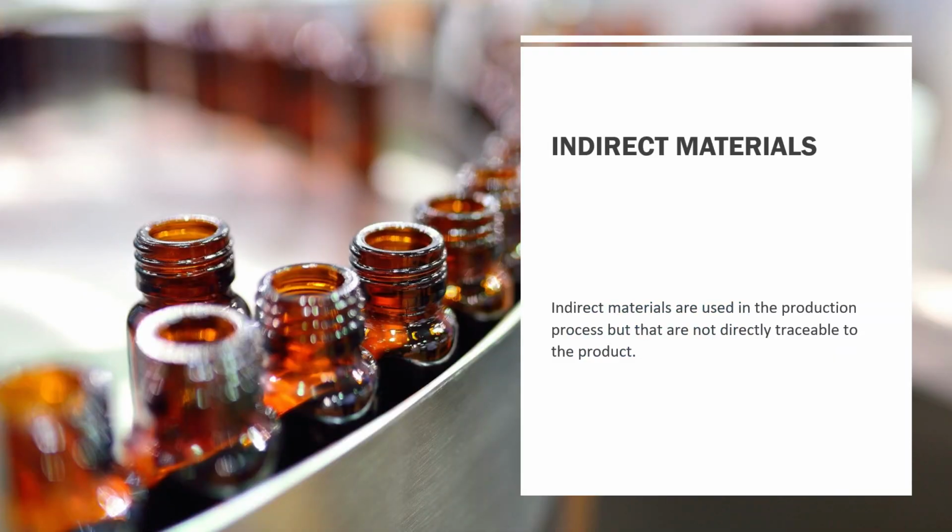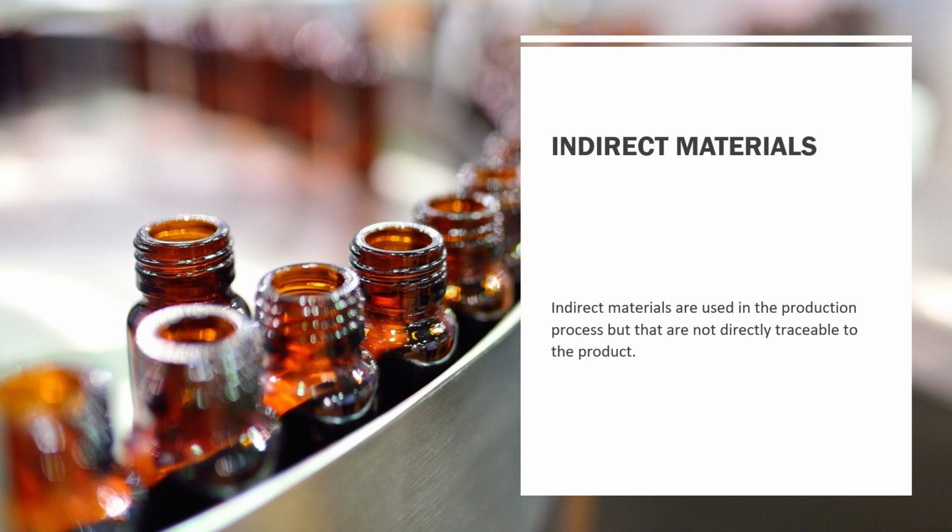Indirect materials, on the other hand, are materials that are used in the production process but that are not directly traceable to the product. Examples may include glue, nails, cleaning supplies, etc., used in the production of a wooden chair, because it is difficult to quantify small items of materials with accuracy for a unit of production.